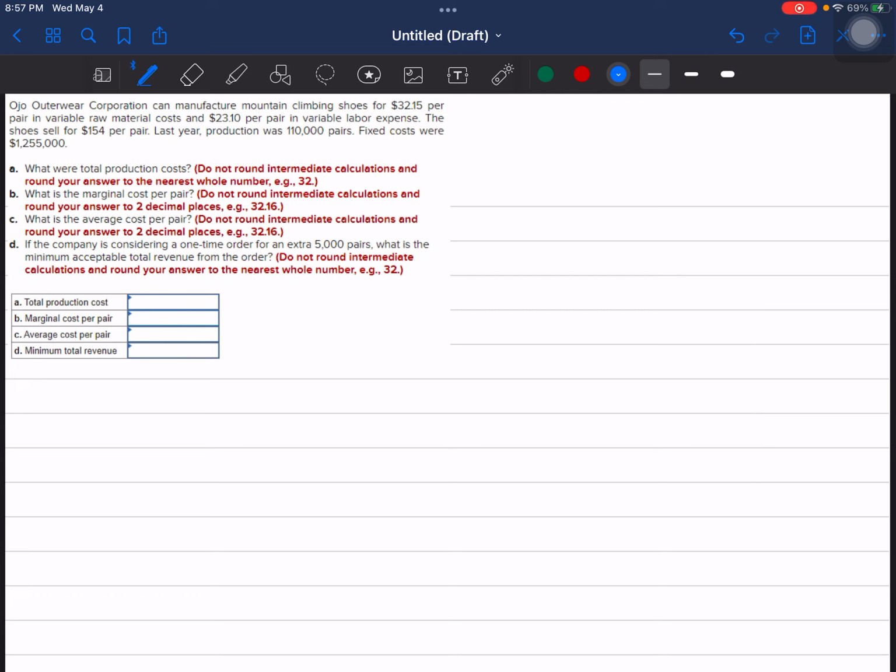So, the first thing we have to find is our total variable costs. So, our variable cost is equal to the raw material cost plus labor expense.